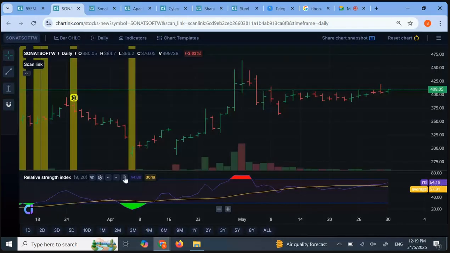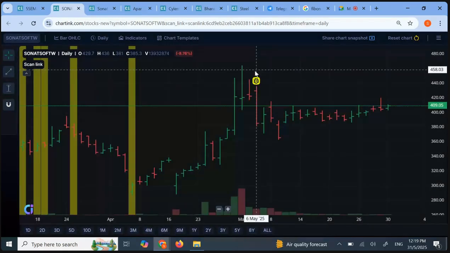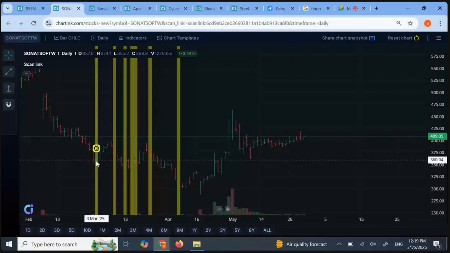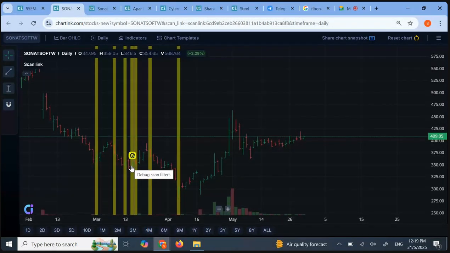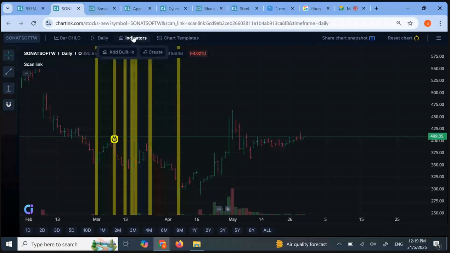So all those lines are the places where the stock got filtered correctly. So all these days, March 3rd also it got filtered. It's not only on March 25th at this point, but it was even filtered at this point. So from here to here or from here to here, all these were some reversal dates.